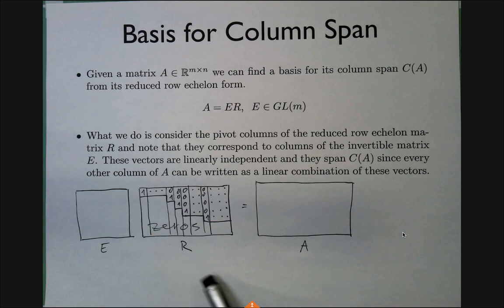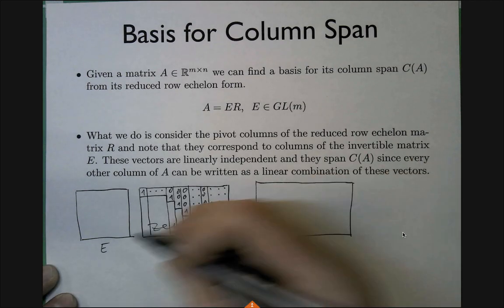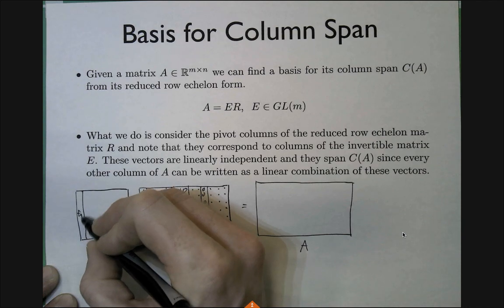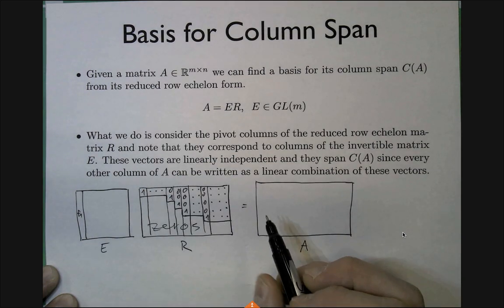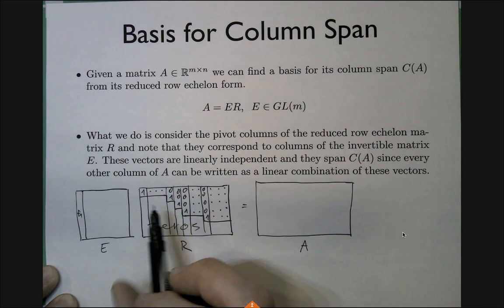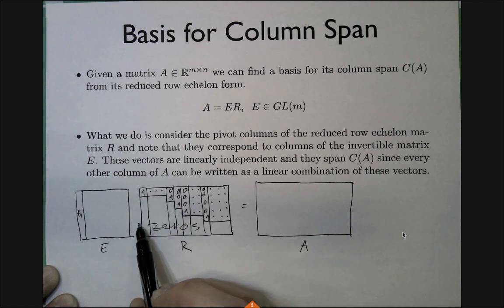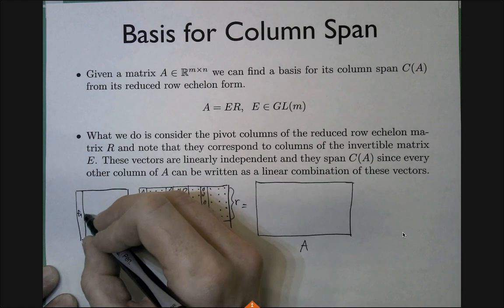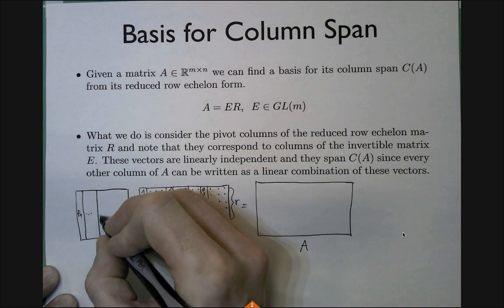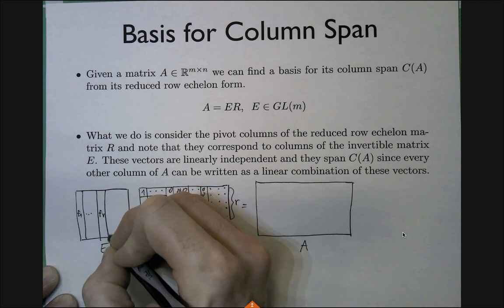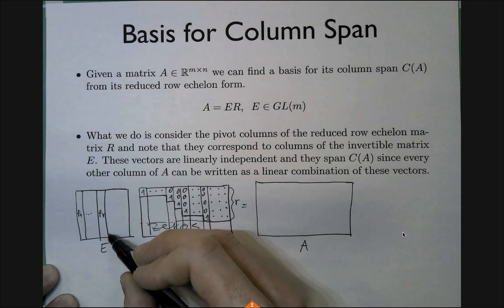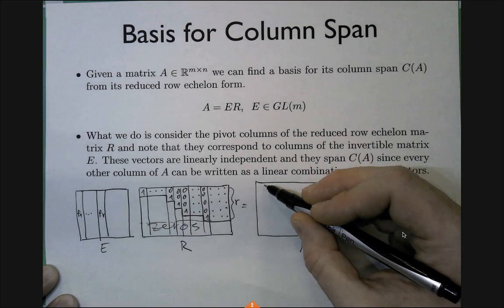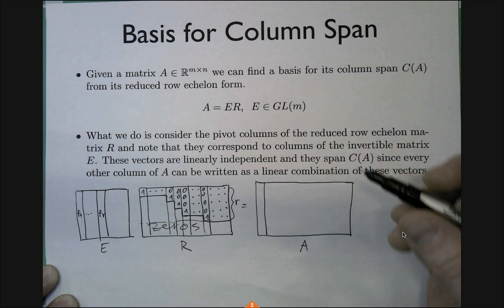So the one thing you can realize is that if I call these F1 to Fr, in this case the rank would be 5, but in general this would be the rank r, these vectors will exactly appear here, right?